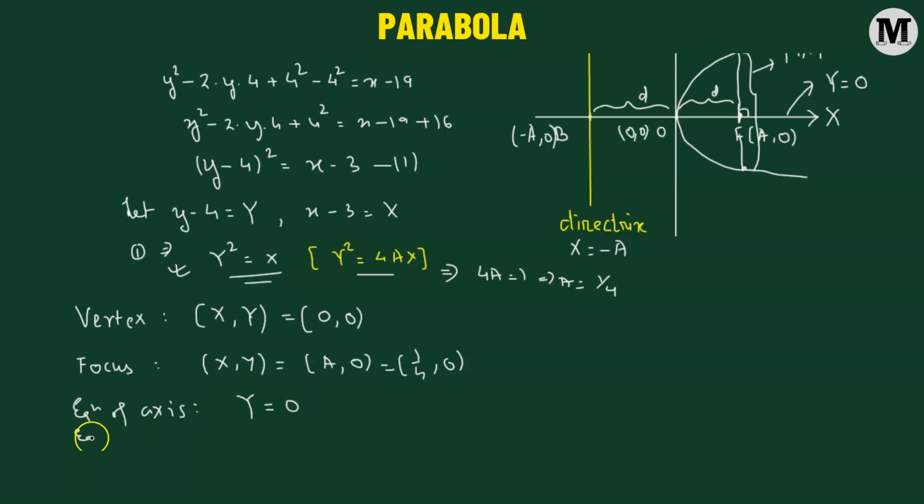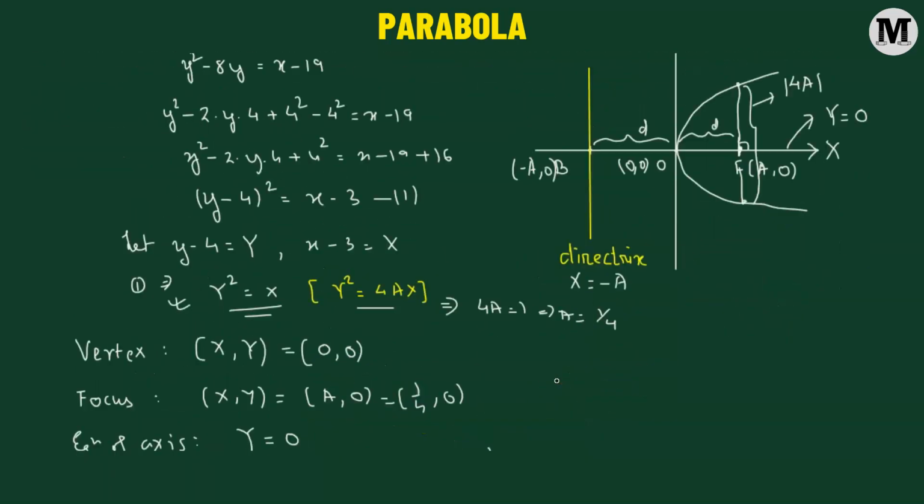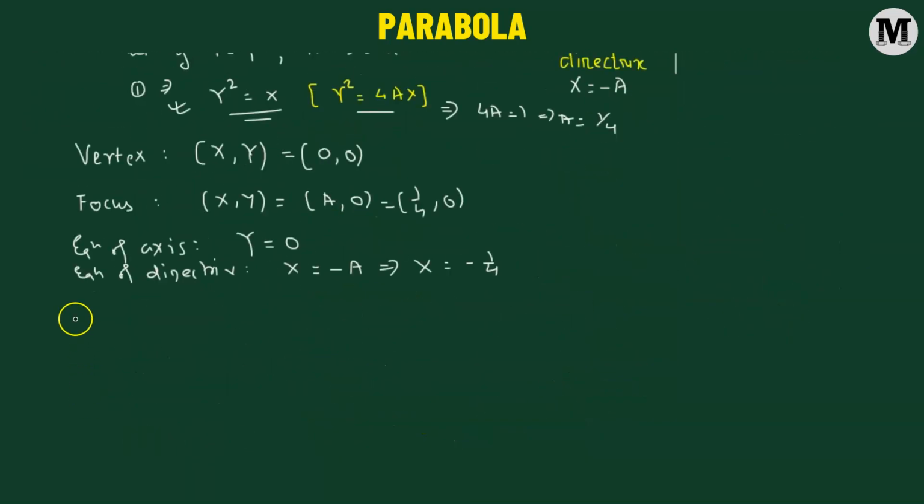Then we have the equation of the directrix. The equation of the directrix is x equals negative a, or simply put, x equals negative 1/4. And finally, we need the length of the latus rectum. The length of the latus rectum equals 4 times the absolute value of a.